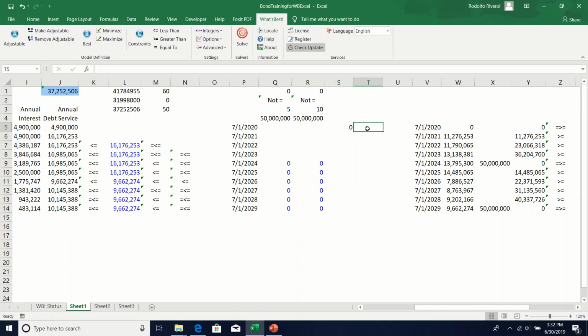Okay. Now we're going to weigh these are the components. These adjustable cells are going to be the components. We're going to weigh them by the 5 and the 10. Because those are the periods that get carried through into the components. Equals sum product, which is also recognized by what's best.